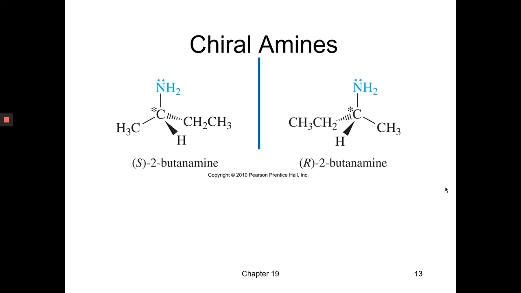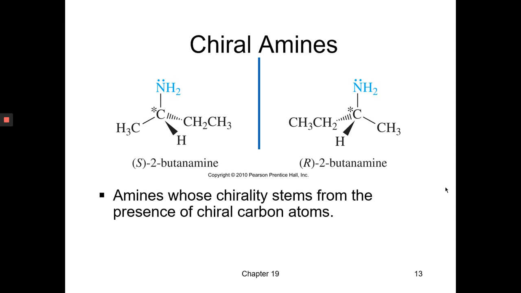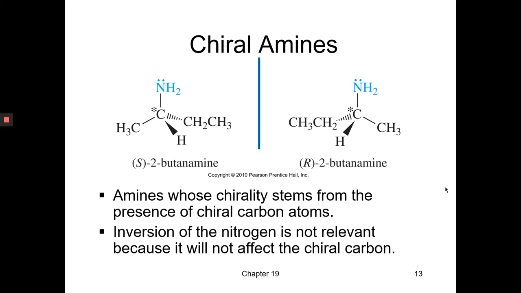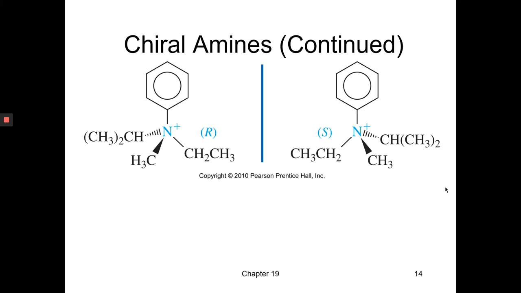In this example, we have a chiral compound. We have two mirror images, but it's not the nitrogen, it's the carbon that is chiral. Chirality is possible on nitrogen if, instead of three different groups, we have four different groups, such as in quaternary salts.